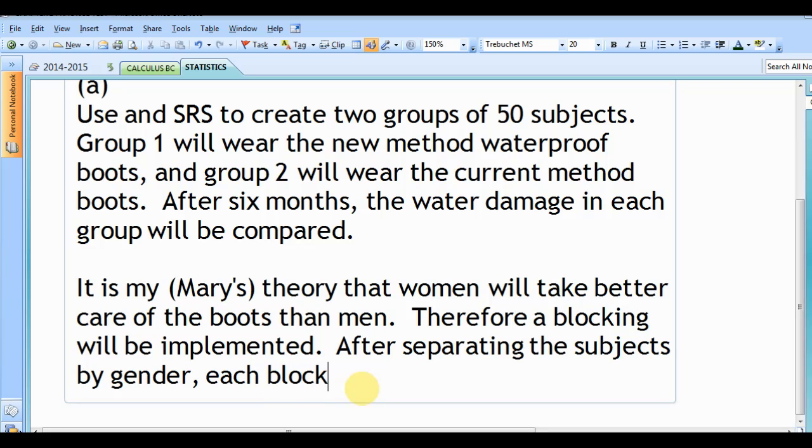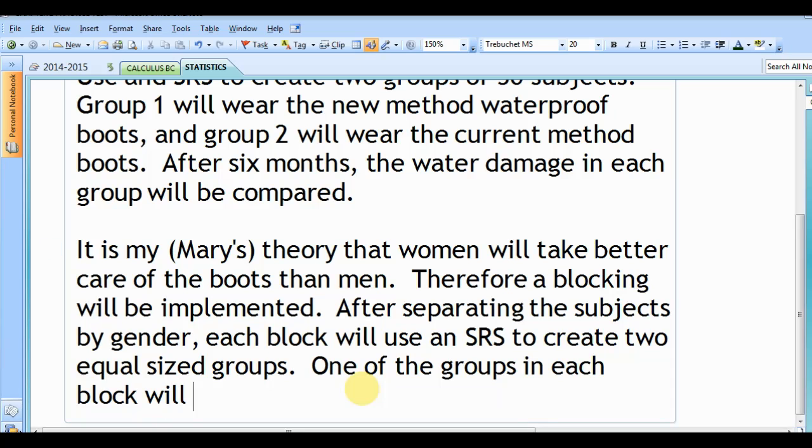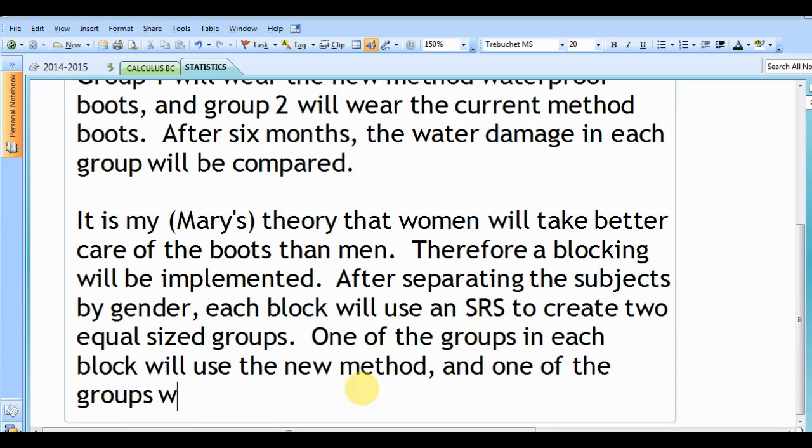Okay. So each block will use an SRS to create two equal sized groups. One of the groups in each block will use the new method, and one of the groups will use the old method, or the current method.